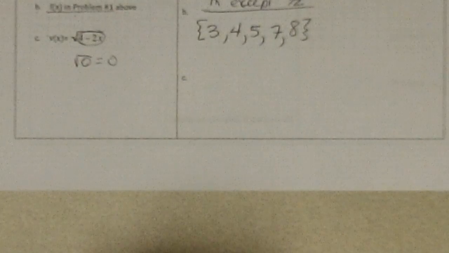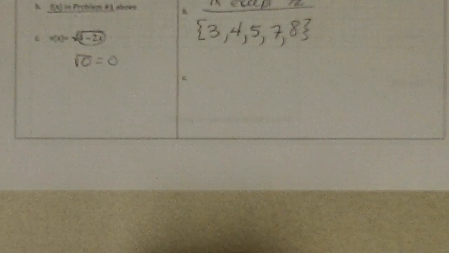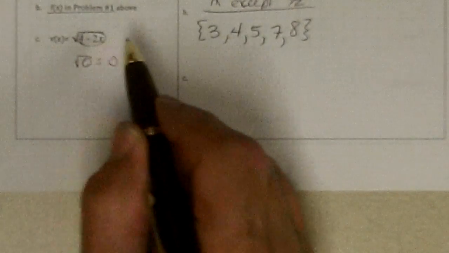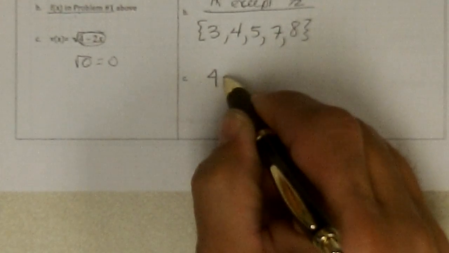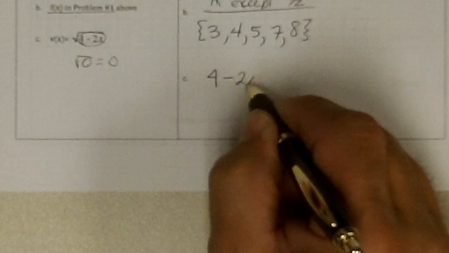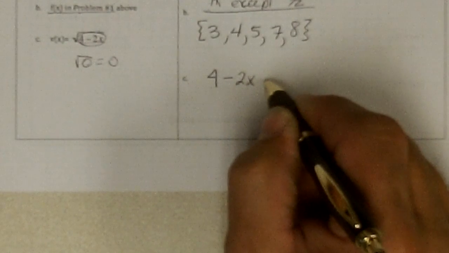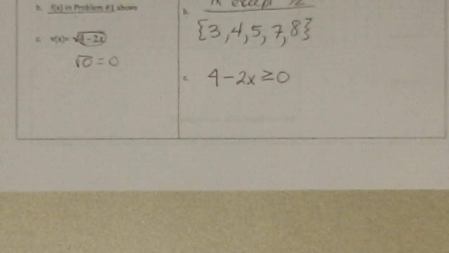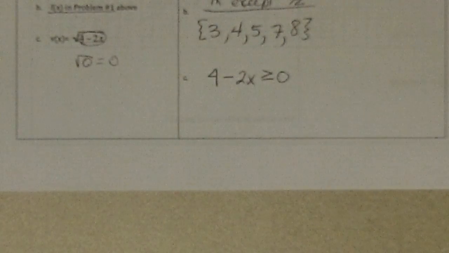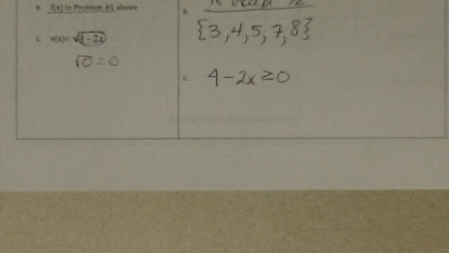The problem is square roots of negatives. So the domain has to be something that allows 4 minus 2x to be equal to 0 or greater than 0. As long as the stuff inside is 0 or greater, we're okay.